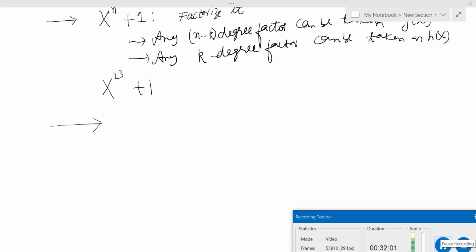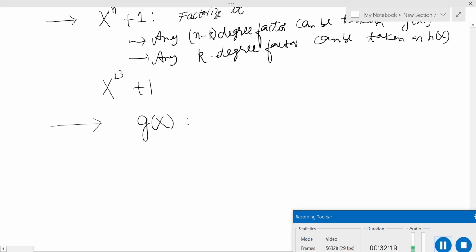Now I will show you how to construct the generator matrix from the generator polynomial. I will just show you the general way here and then we will do the example later. So you have g of x as the generator polynomial.